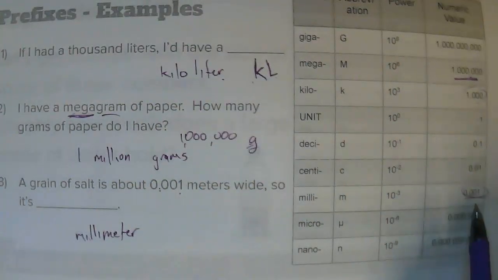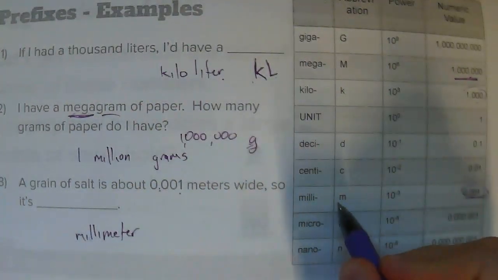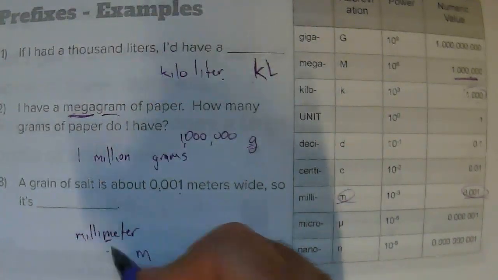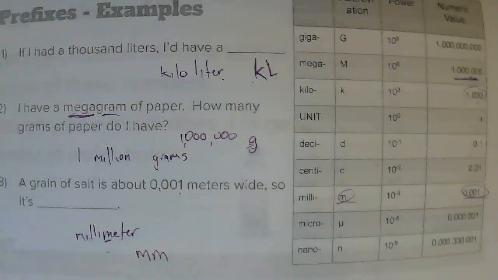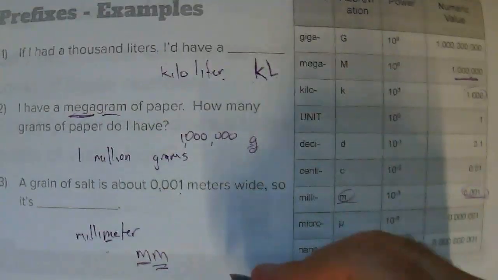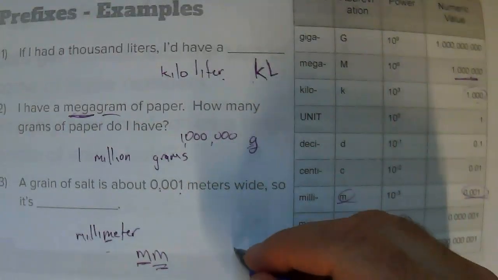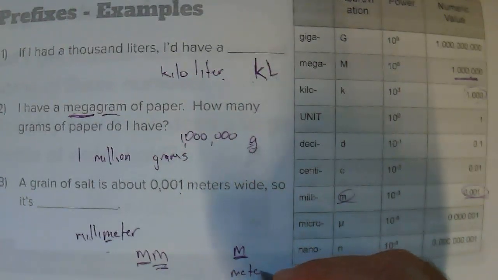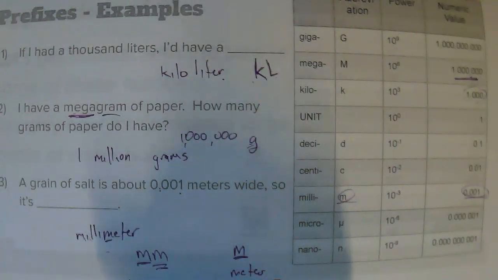Or if you want to abbreviate it, the prefix milli is abbreviated m, and the unit meter is abbreviated m. So mm is a millimeter, not to be confused with a plain m. A plain m would just be a meter. This would be a millimeter.